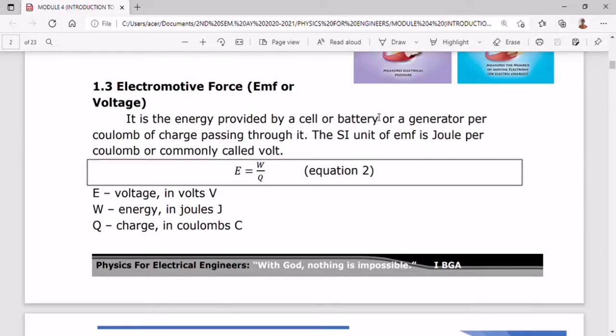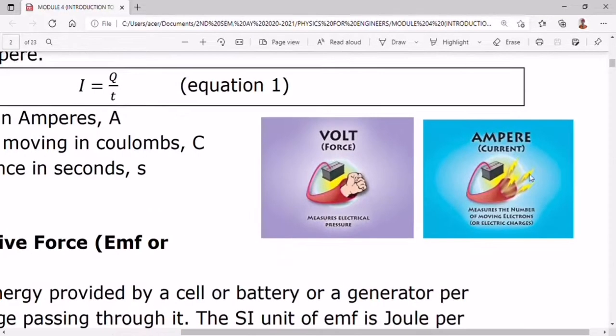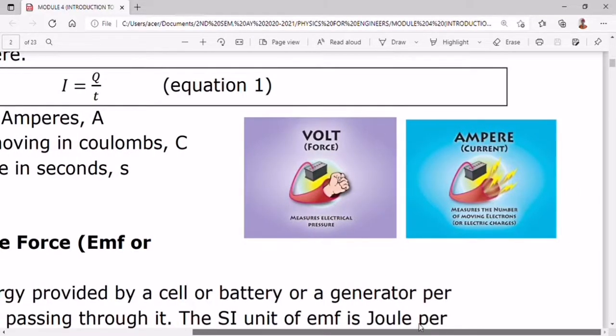Now let's discuss the basic concept of volt and ampere, or how electricity is formed. Say we have a conductor or a wire, and volt is a force, or it measures the electrical pressure, and ampere is the current, the one that flows in the wire.